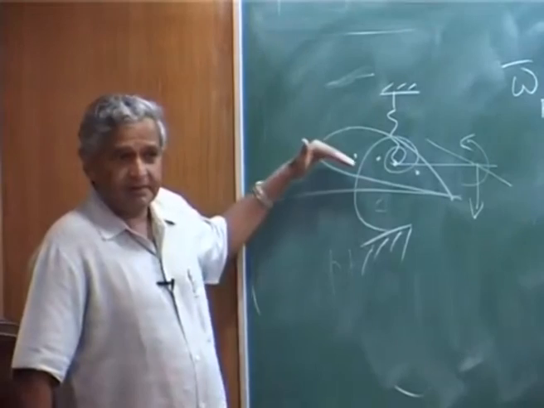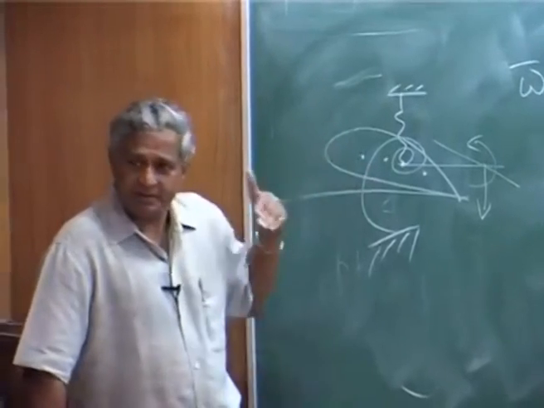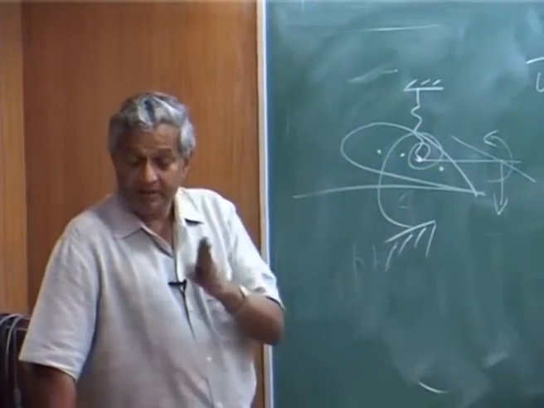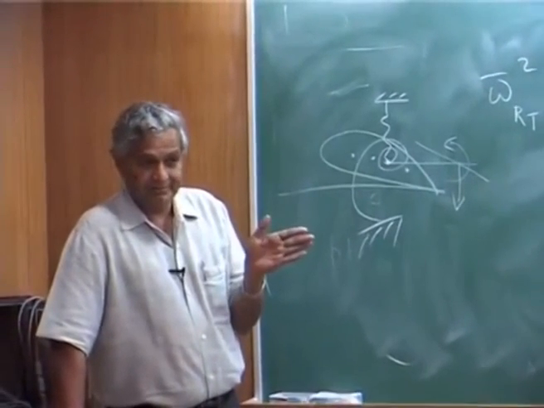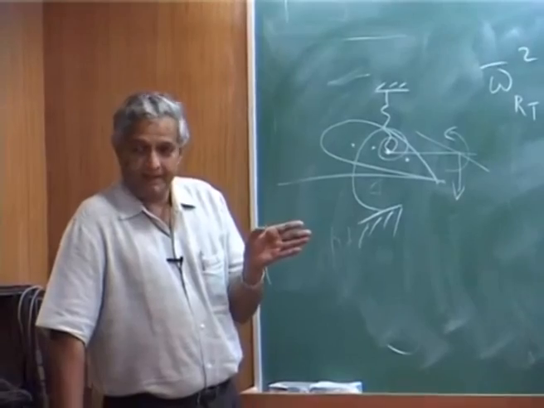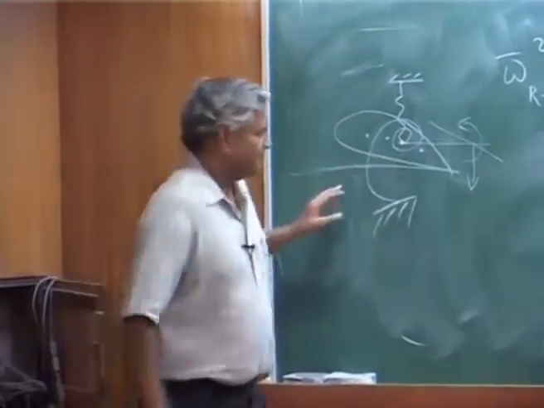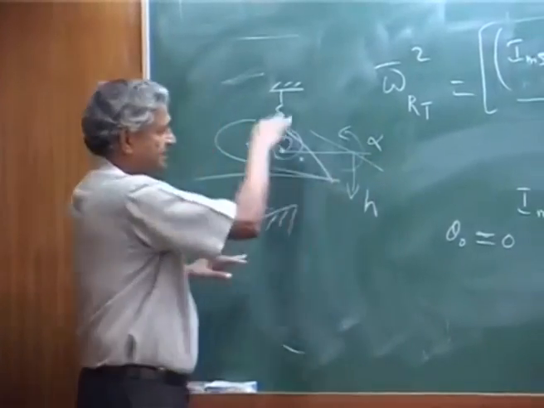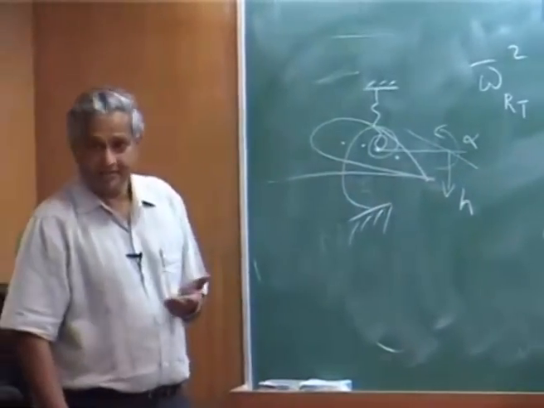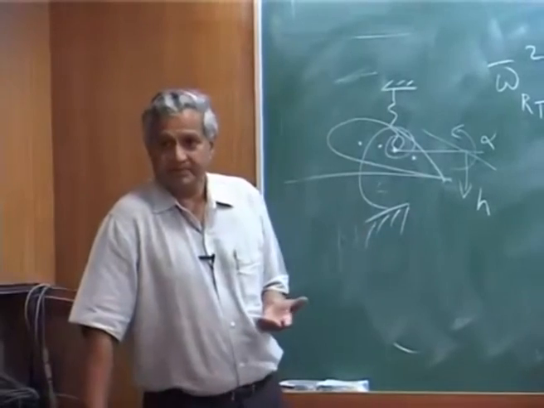Now the theory associated with the 2D airfoil is Theodorsen's theory in the subsonic, incompressible regime. That theory takes care of both h and alpha. h is the heaving motion, alpha is the pitching motion.